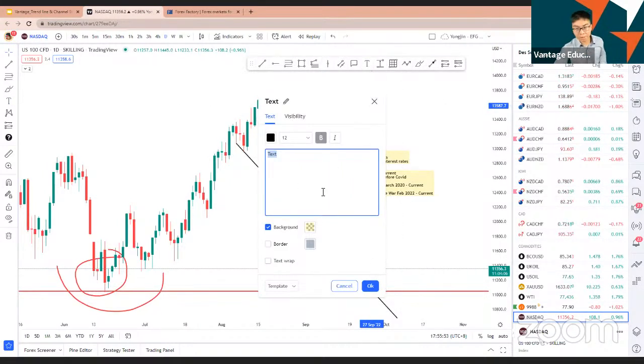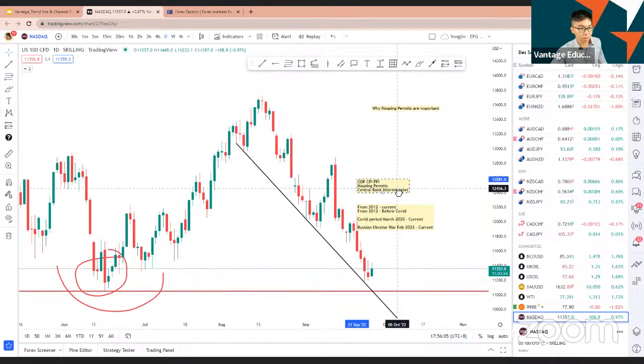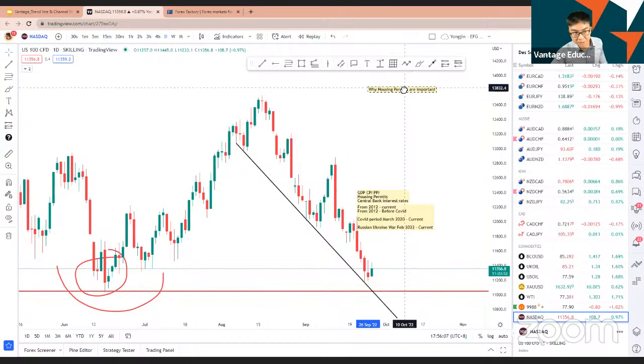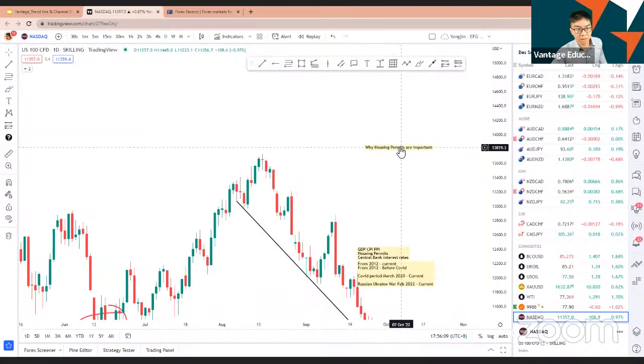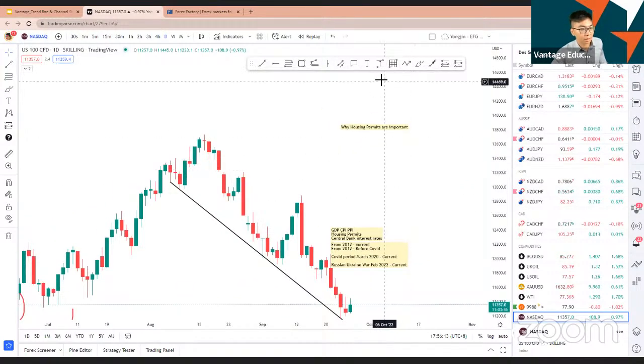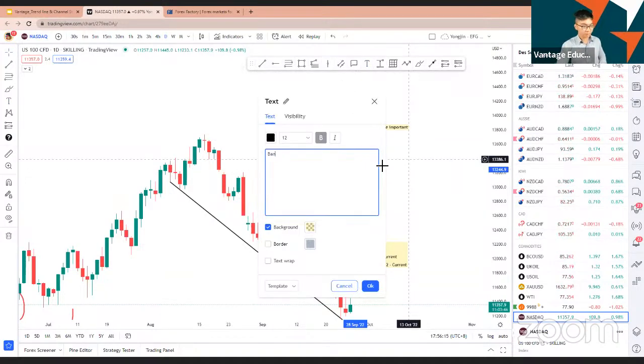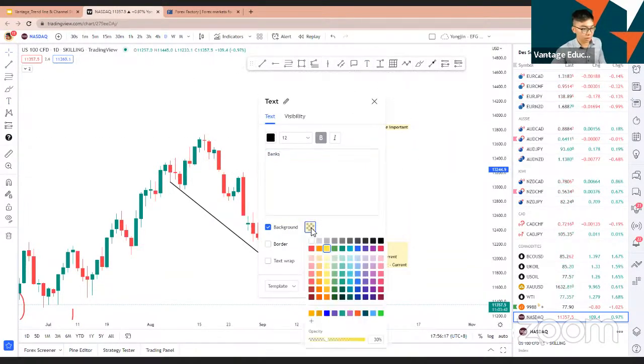So when do banks lend money to people? Why are housing permits important? Housing permits are actually an indicator of how the banks see the economy. So, banks, let me change the color.